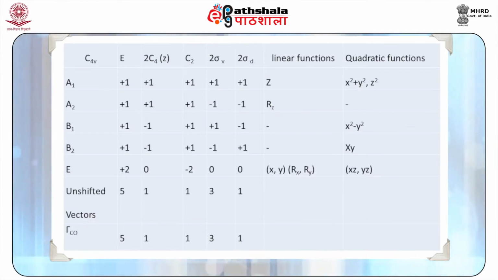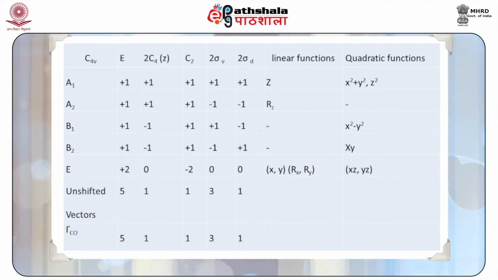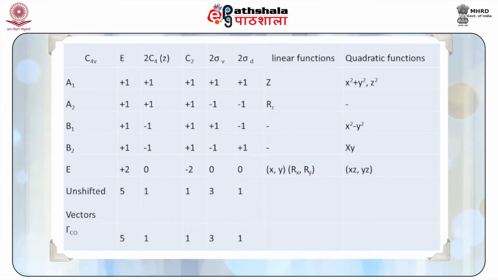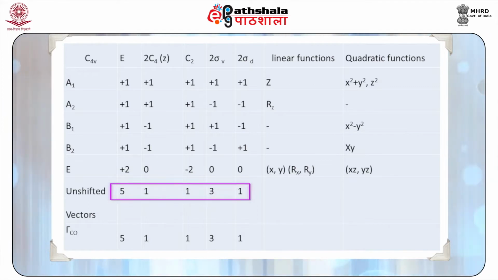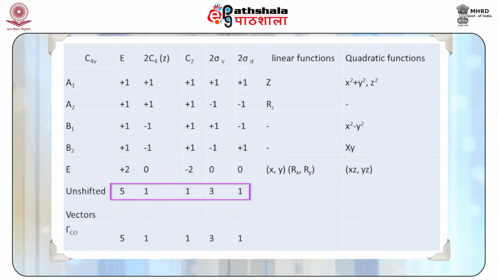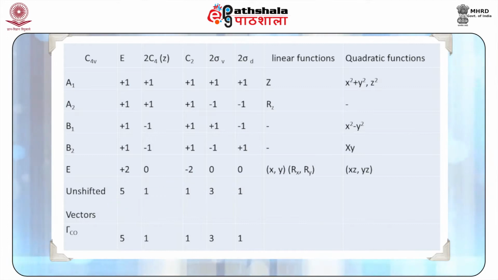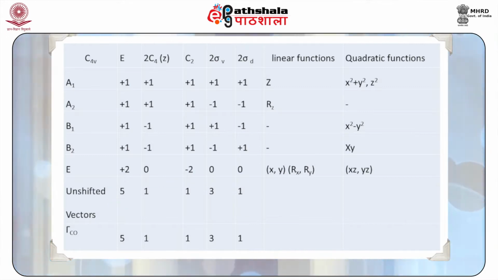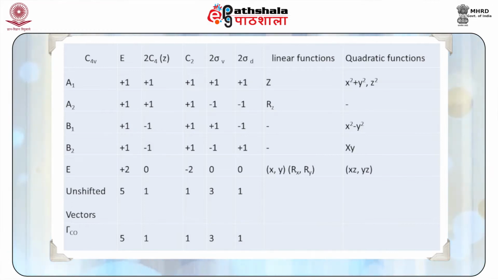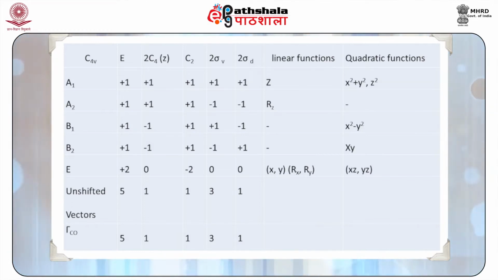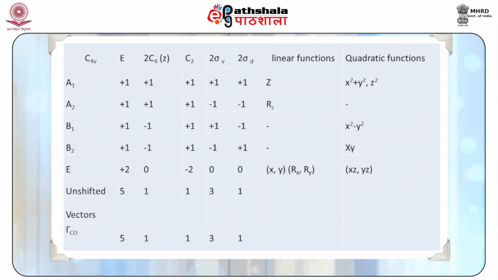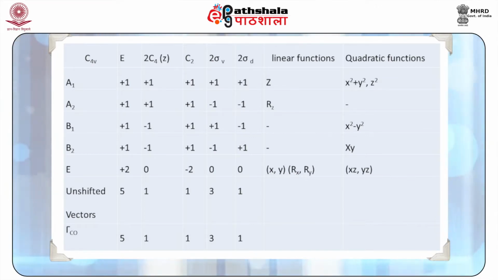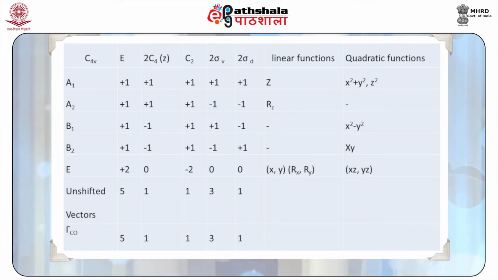We take the C4v character table. Now, the unshifted vectors, the last but one row, are 5, 1, 1, 3, 1. Under operation E, all the 5 vectors are not shifted. Then under C4, only the axial bond vector is not shifted. Under C2 coinciding with C4, again 1 is not shifted.